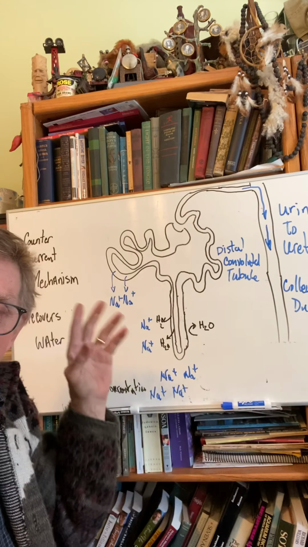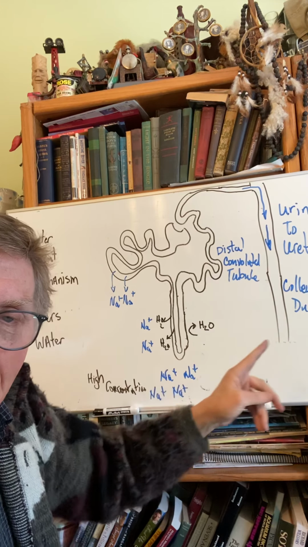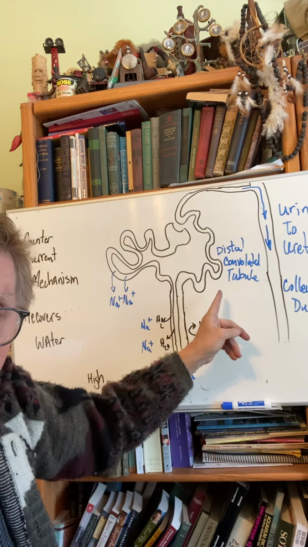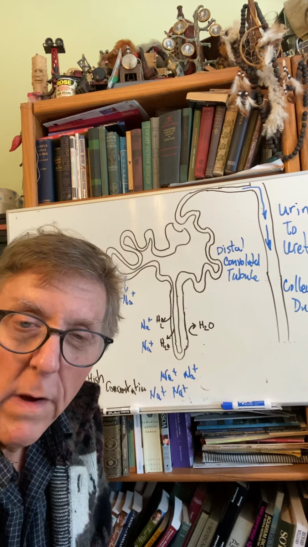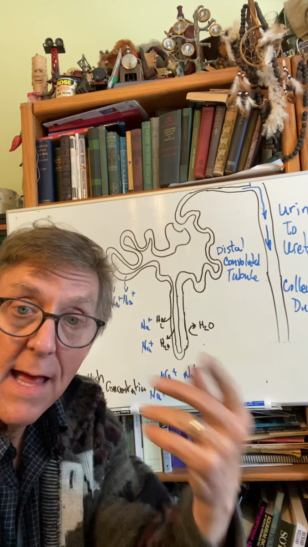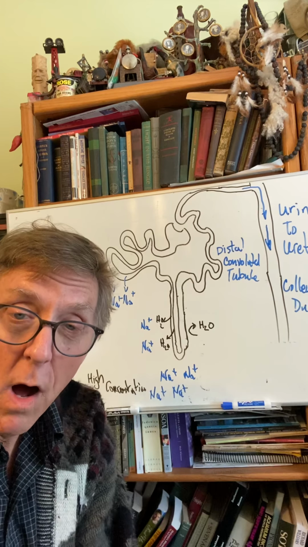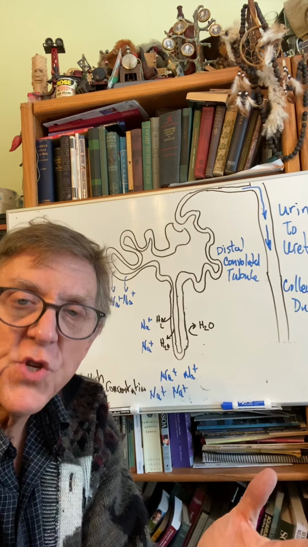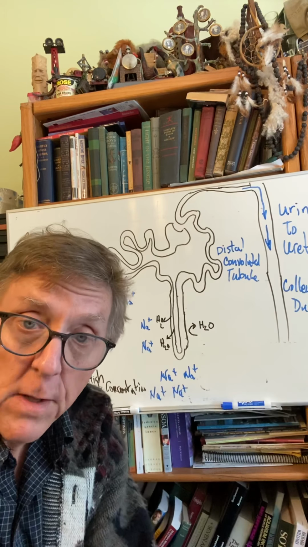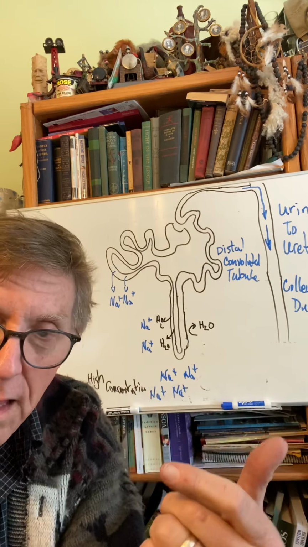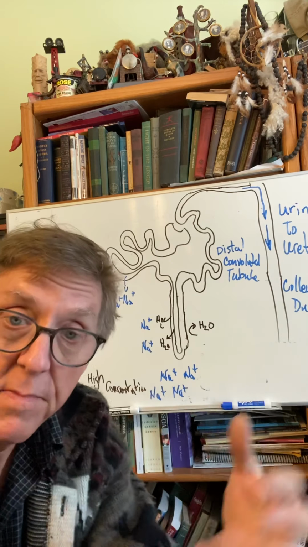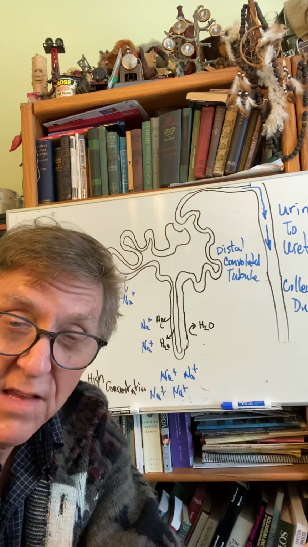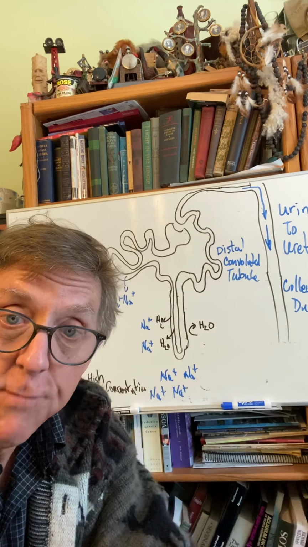So the loop of the nephron and the distal convoluted tubule are going to, in many ways, function to help recover water, because that's the largest portion of the filtrate that has been produced in these processes that are ultimately forming urine.